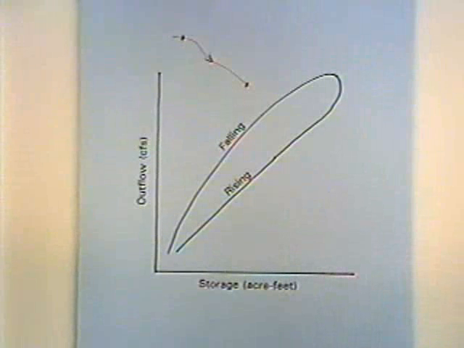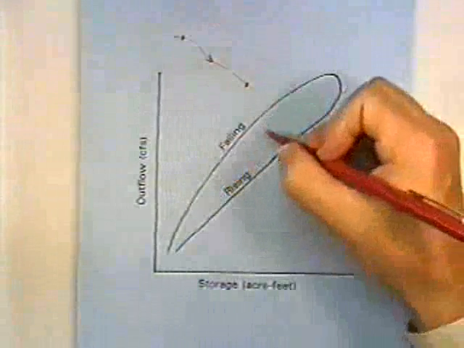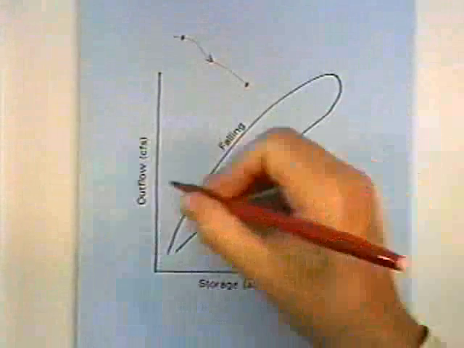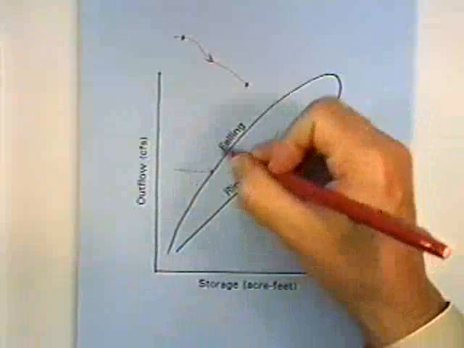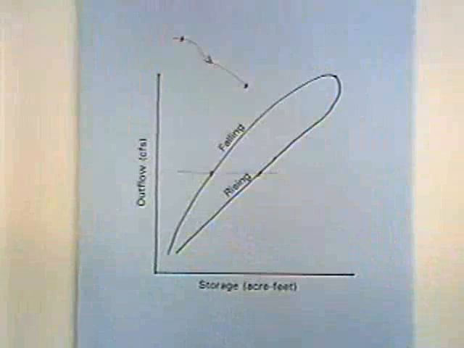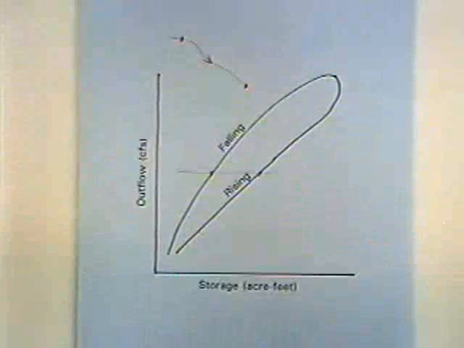And so saying what I just said again, you've got a looped rating curve in that for some given value of outflow, you could have different values of storage in that reach. And so there's not a unique relationship between the outflow from the reach and the amount of water in storage in the reach.